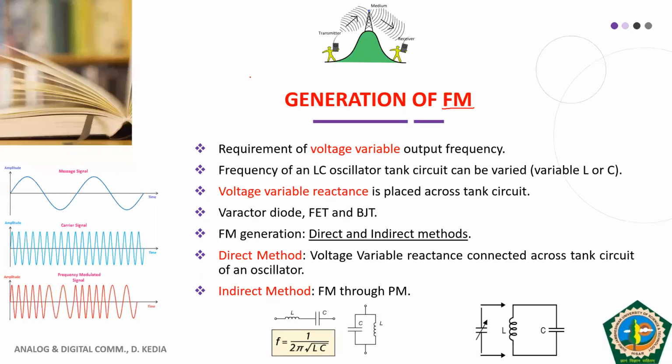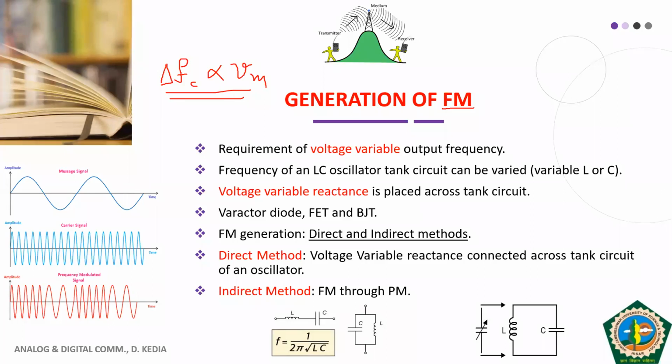What does it mean? That your carrier frequency, say FC, has to be changed. So means the change in carrier frequency has to be proportional to the instantaneous value of the modulating signal. This is the main crux behind the generation of frequency modulation.